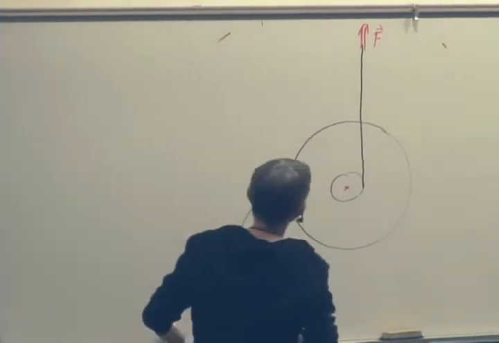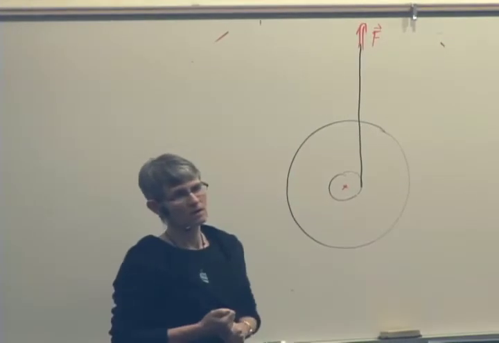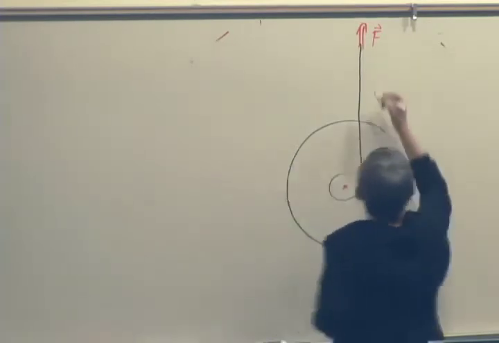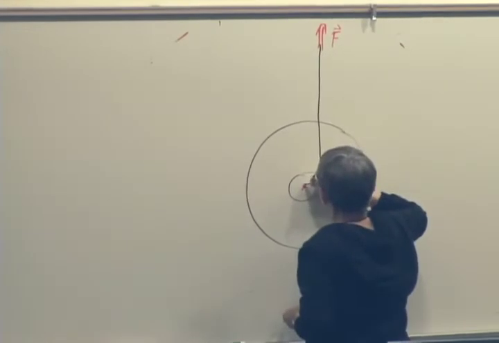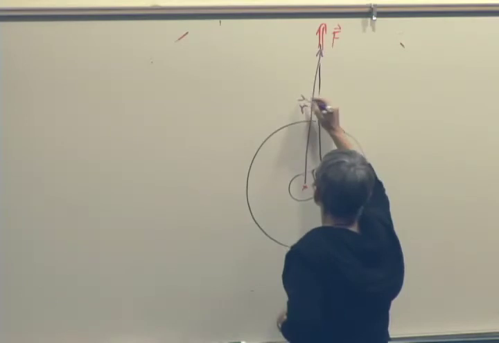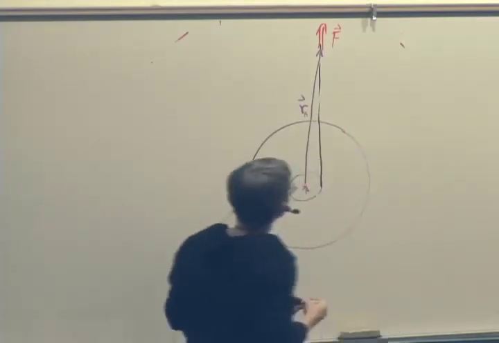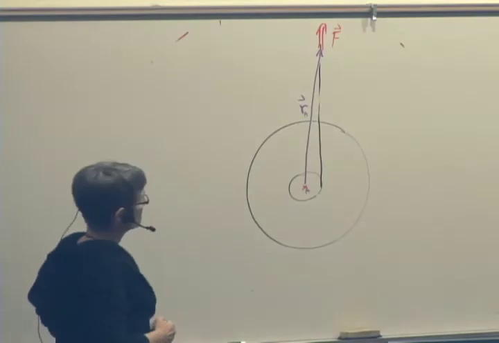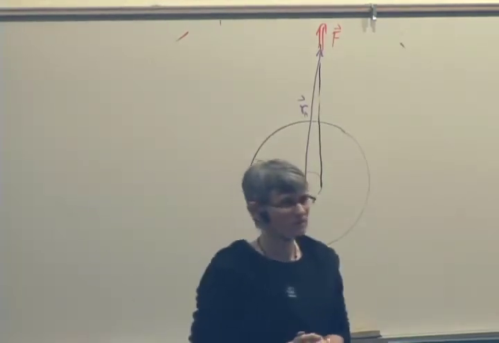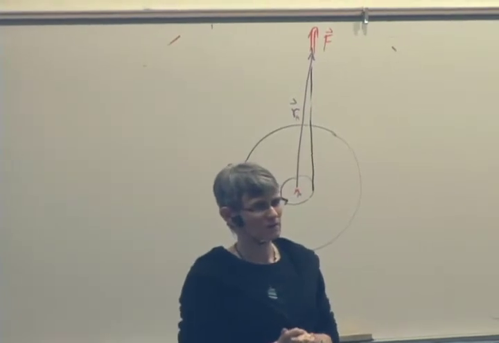So how would I draw R? Okay, so we want to draw R. So that's R sub A, that's location A. So now can we find the angle between R and F?